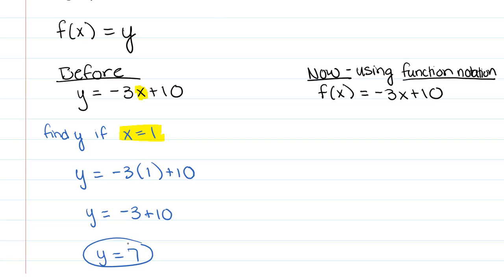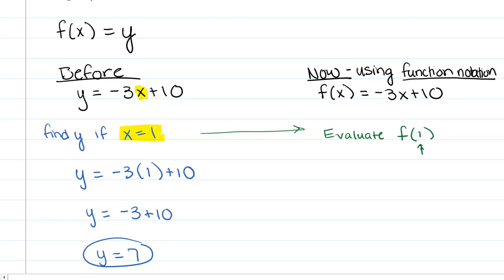We can ask the same thing using function notation. We just write it a little differently. We would say this exact same thing by writing evaluate f of 1. What this notation means is that x is 1, figure out what the output's going to be. So we're going to write f of 1 equals negative 3 times 1 plus 10.